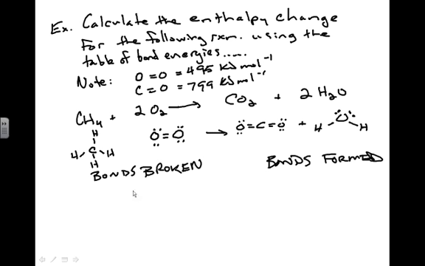Okay? So what you need to do is look at the CH4, the first molecule here, look in that table and look for a C single bond H and see what that value is. What's that? 412. So for CH, it's 412. What's the unit? Kilojoules per mole, watch out for that.